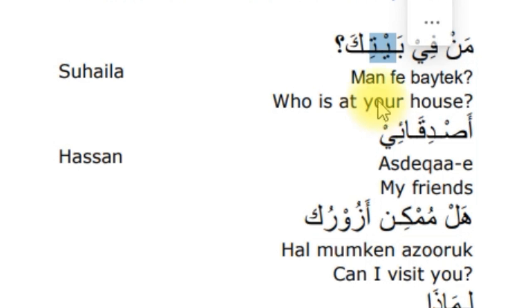Ka means your. بيتك, your house. من في بيتك? Who is at your house?